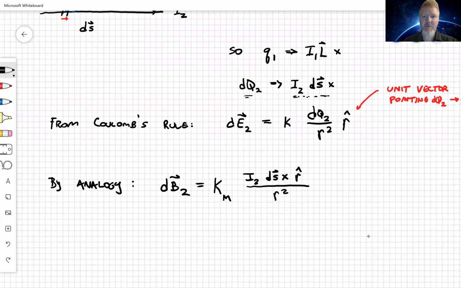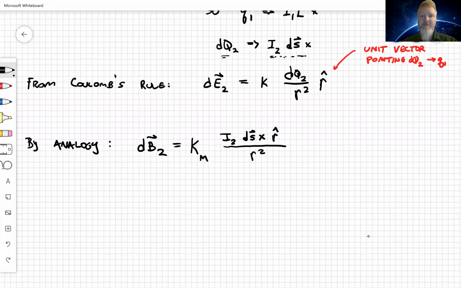Okay, so by analogy, what we would have done with Coulomb's rule is integrate up both sides, and sure enough, right there and right there, that's an integral over the Q2 charge distribution. Now, by analogy, I have this thing here, which is a monster.